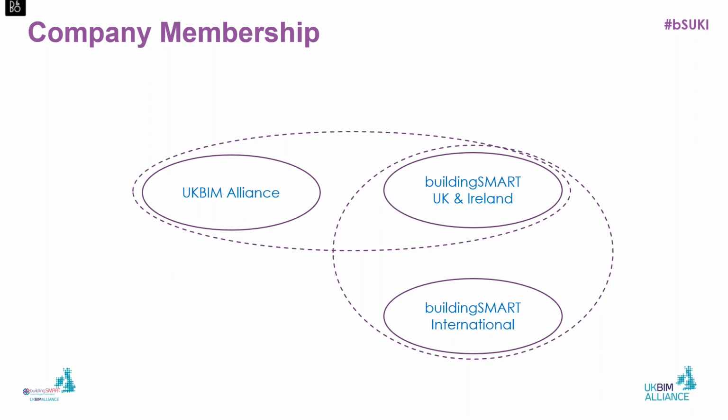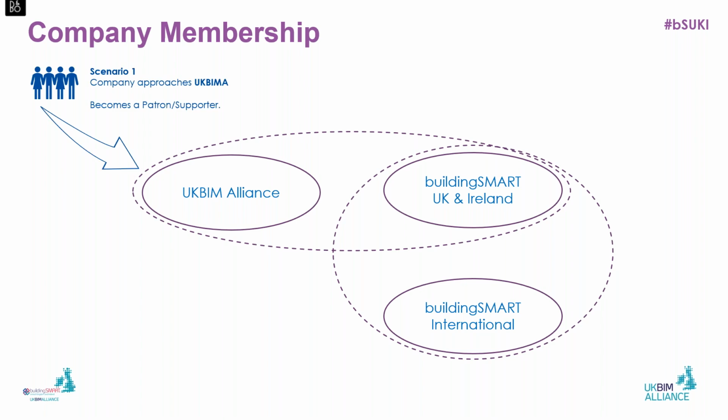And Building Smart International do have various levels of corporate and company membership. And there are different scenarios, and we're yet to work out the intricacies of how money flows from one organisation to another, depending on where a company approaches which part of the organisations.